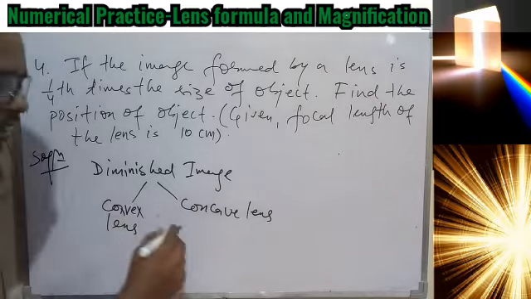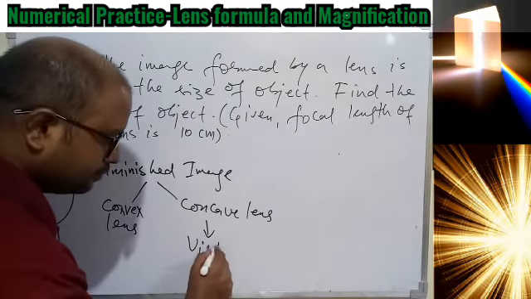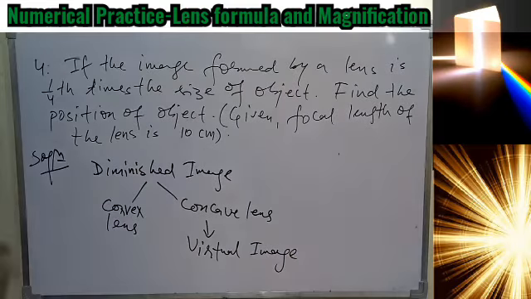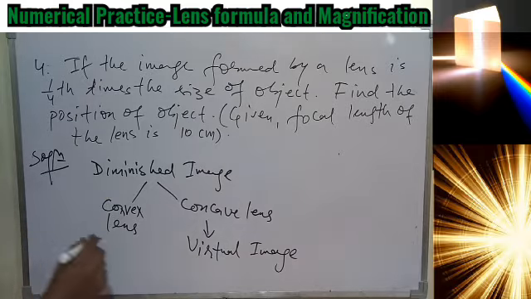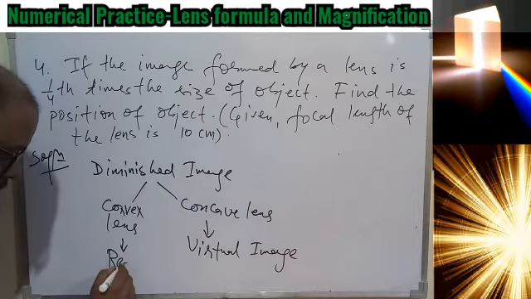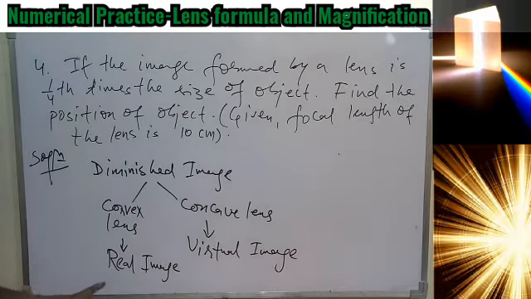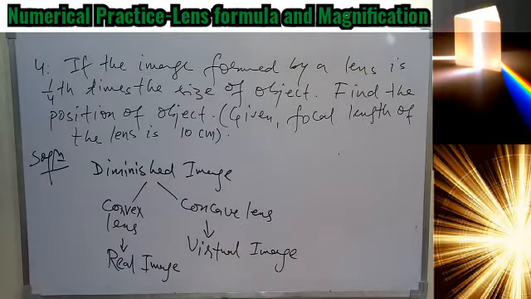But one thing you know, in the case of a concave lens, all the time the image will be virtual, no doubt. And in a convex lens, if the image is diminished, that must be a real image, because you know only one condition we have in the case of the convex lens when the image is virtual, but that image is magnified. But here the image is diminished because it is 1/4 times.